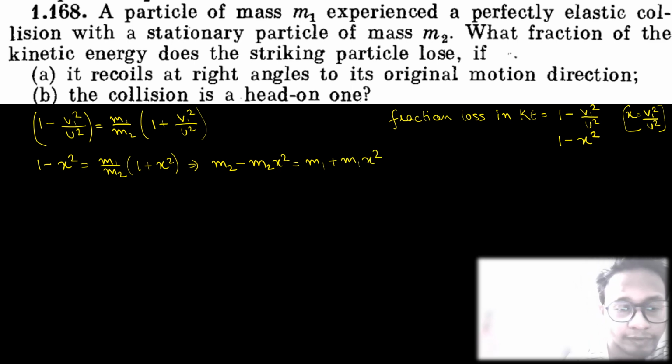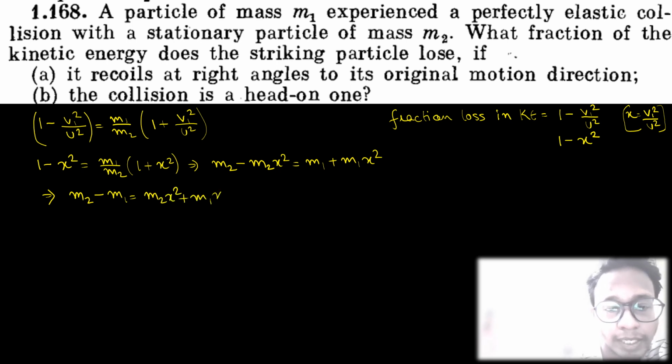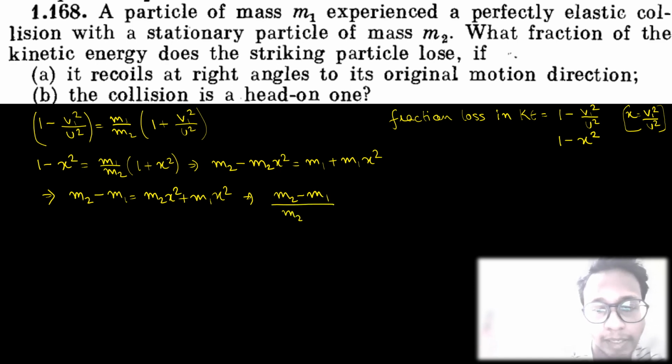Now let's isolate the value of x. m2 minus m1 is equal to m2 x square plus m1 x square, or x square is equal to m2 minus m1 divided by m2 plus m1. This is the value of x square.